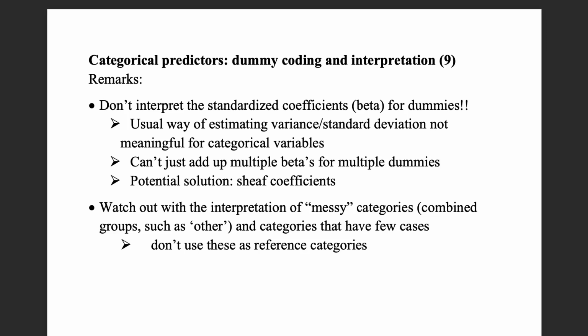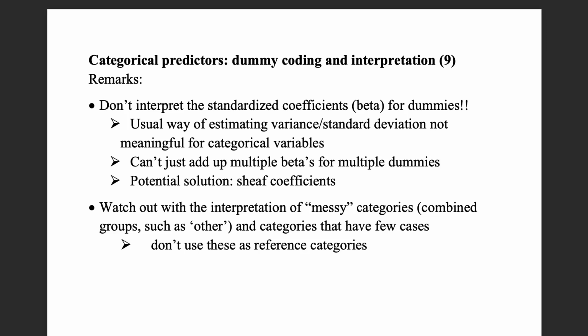But of course that also means that these are very messy categories because they combine all kinds of different cases that we weren't able to categorize under the other categories. So I would be very hesitant to overinterpret effects of such dummy variables because they are inherently very noisy measurements.